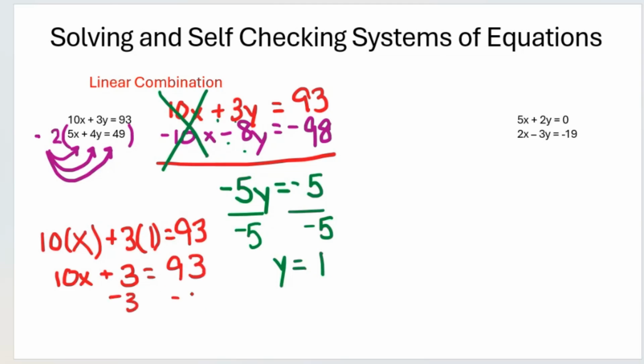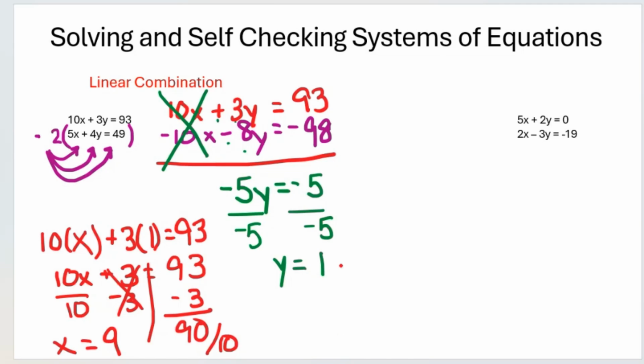Minus the 3, minus the 3, 90. Divide by 10, divide by 10, and x equals 90 divided by 10, which is 9. Again, we write it as a coordinate, x first: 9, 1.